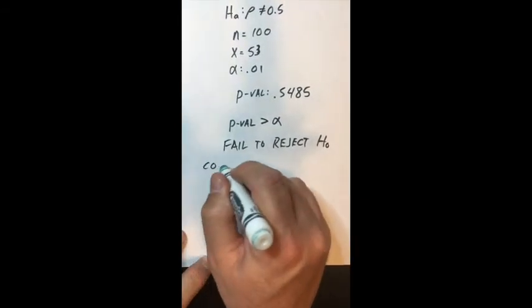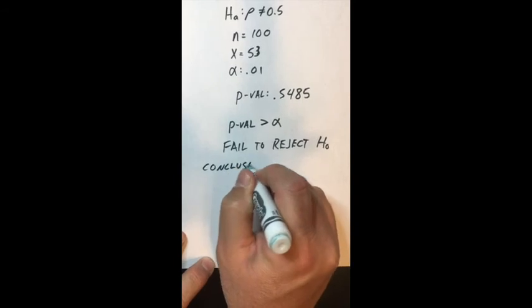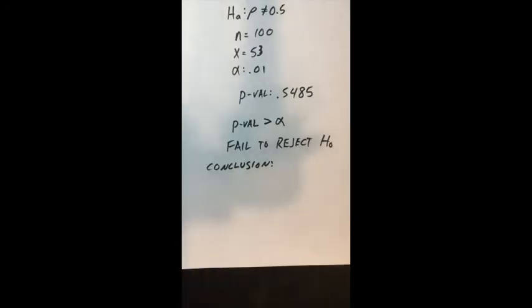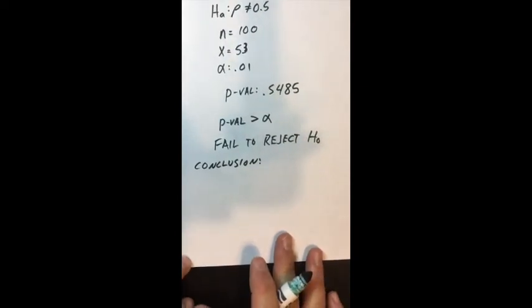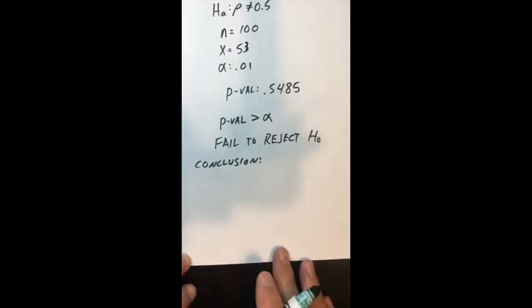The first couple of examples, the claims lined up with the alternative, but this time the claim lines up with the null, so we need to change the way we say it a little bit.